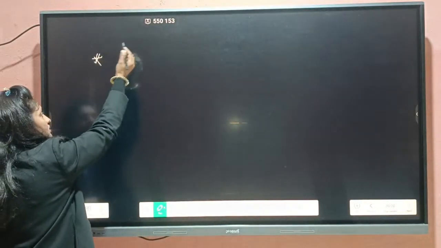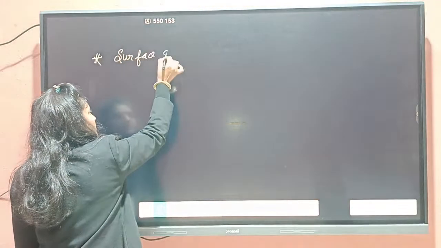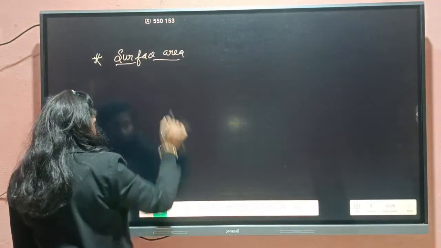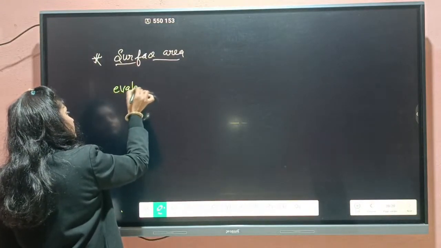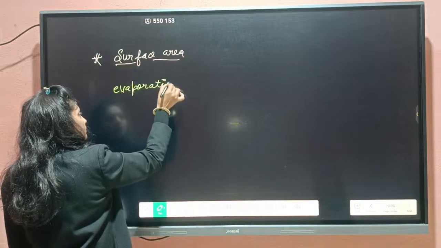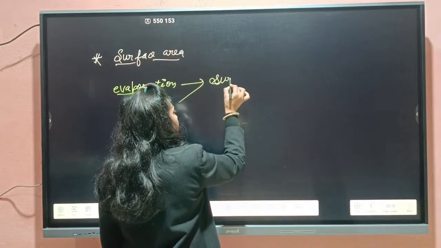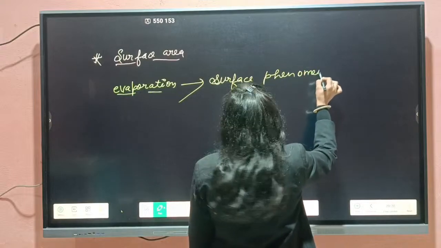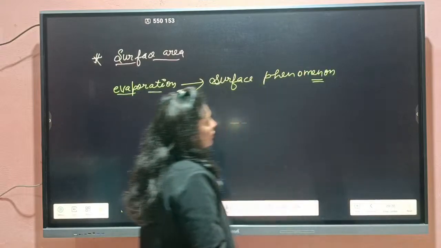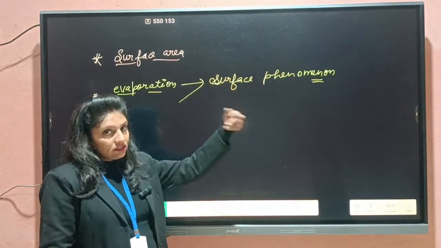So students, the second one is the surface area. Already I told you evaporation is a surface phenomenon. Surface phenomenon means, first of all, particles present at the surface will evaporate, then others.